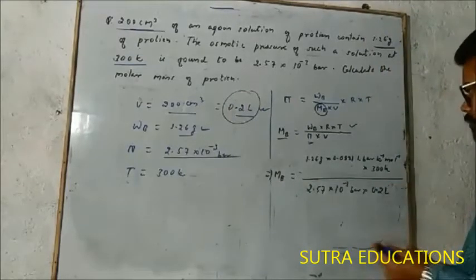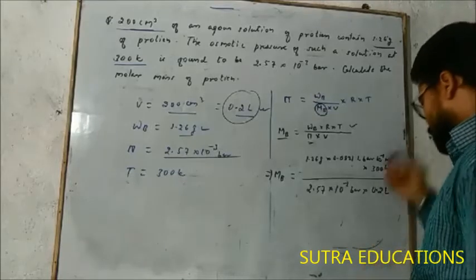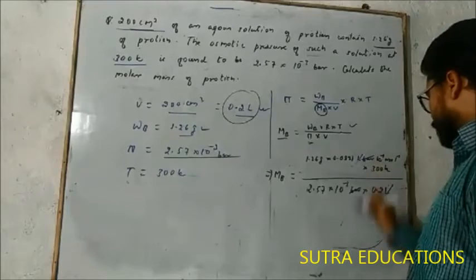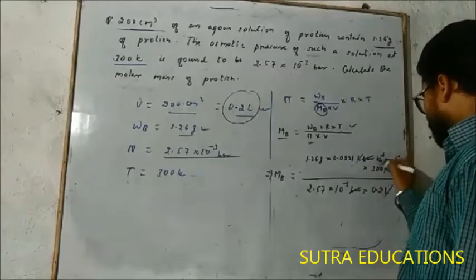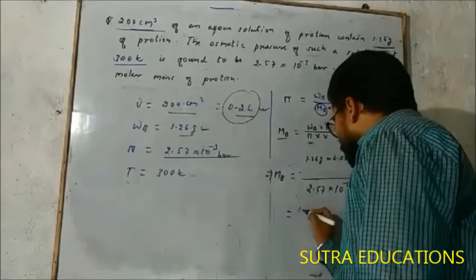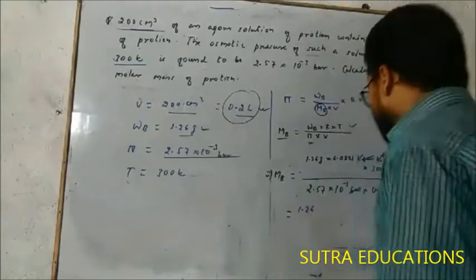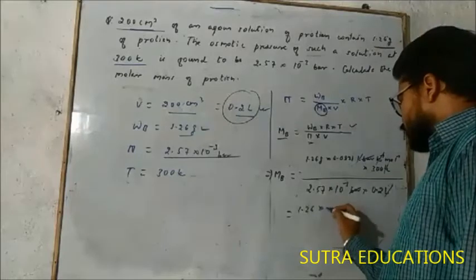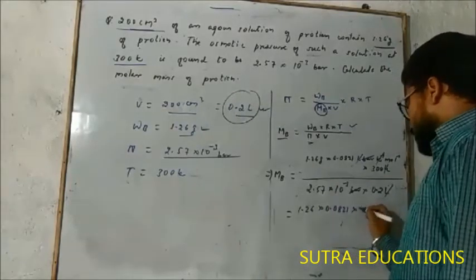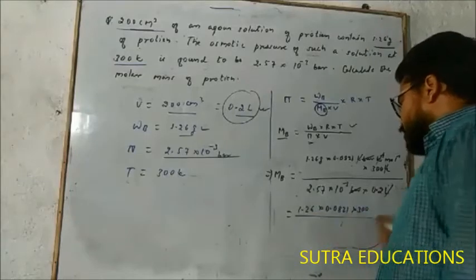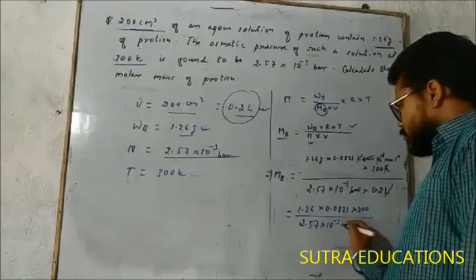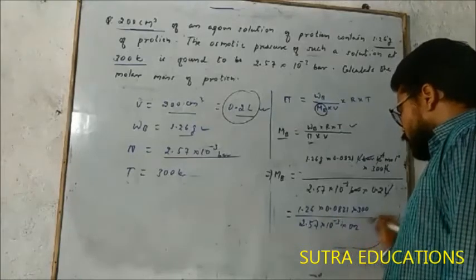Okay, so bar gets cancelled, liter gets cancelled, Kelvin gets cancelled. Okay, so we have 1.26 into 0.0821 into 300 upon 2.57 into 10 to the power minus 3 into 0.2 gram.